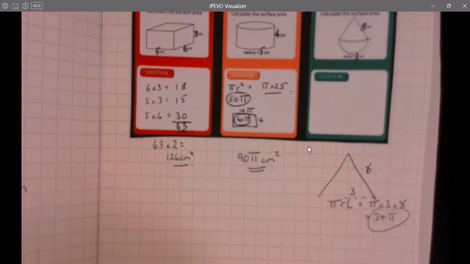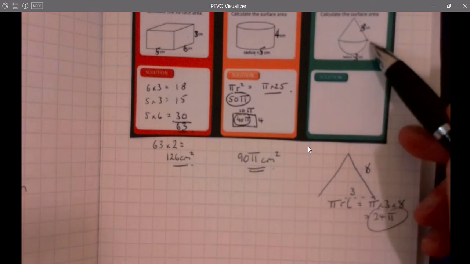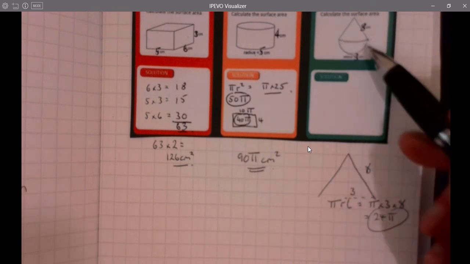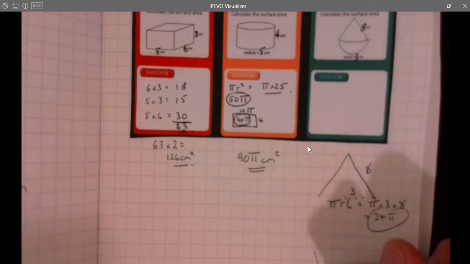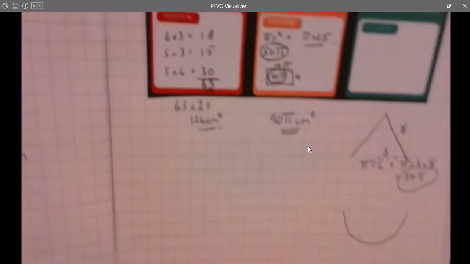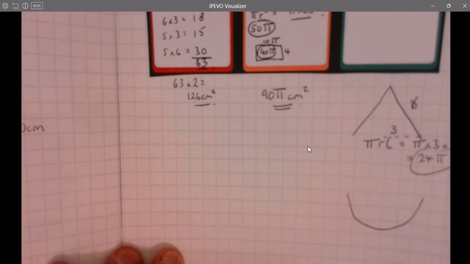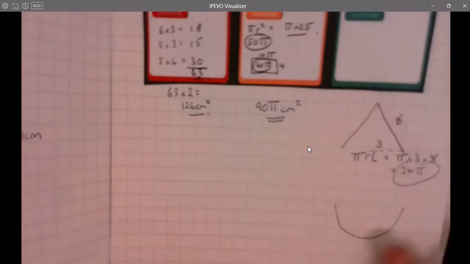There we go. Right. Now we've got the curved part, but it's only half a football. It's half a football. So how did we work out the area? Looks like a little smiley there. Yeah, a bit of artistic maths there.